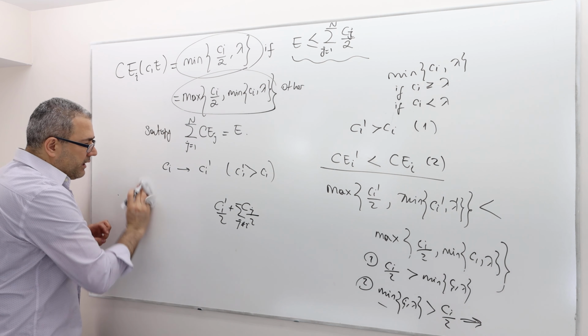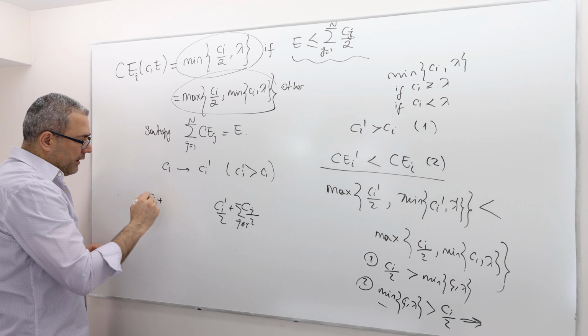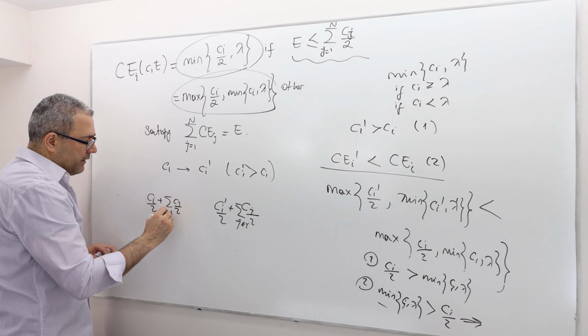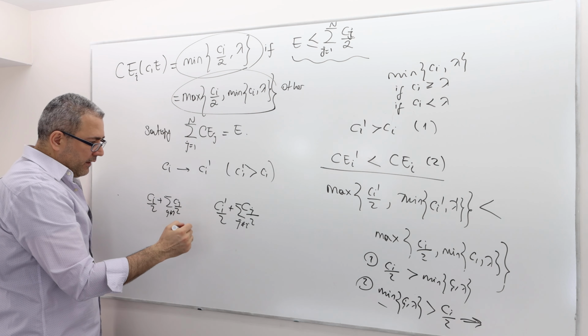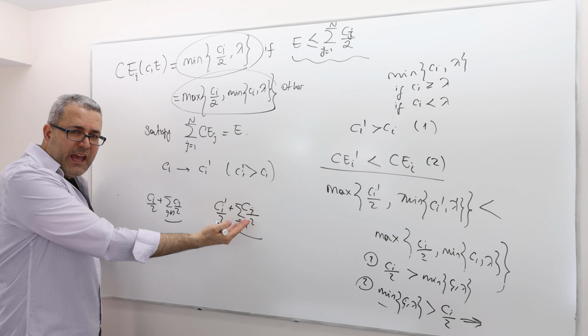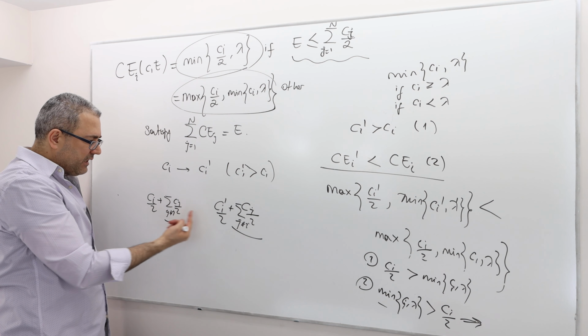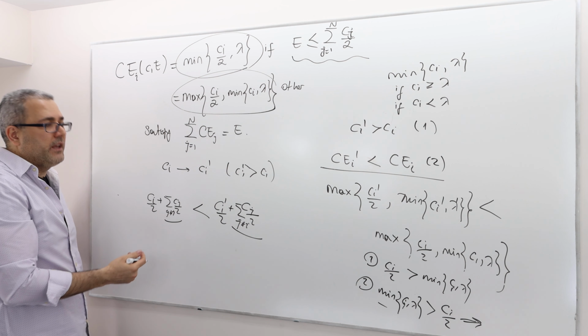Okay, so here what do I have? I have Ci divided by 2 plus the sum of Cj divided by 2, j different than i. So what do I know? I know that this term and this term are exactly the same because everybody else's claim will stay the same. Player I's claim is increasing, and so half of it will be greater, and so this is what we have.